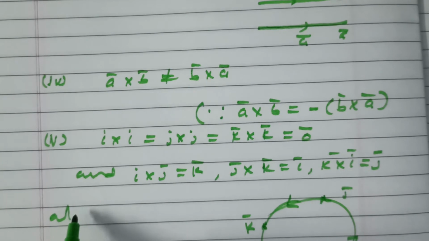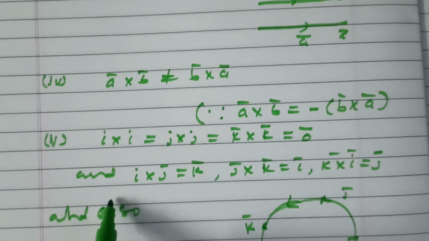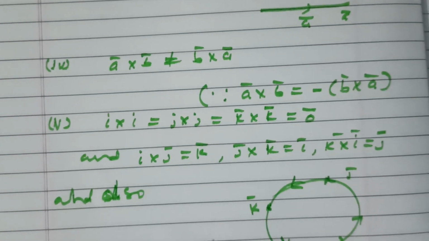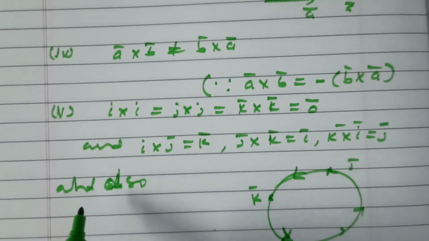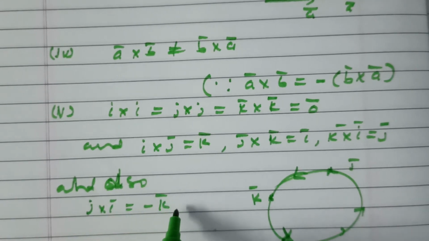And also J bar cross I bar is equal to minus K bar.